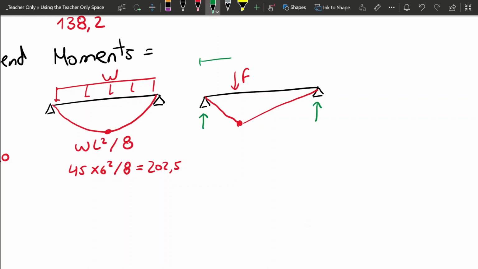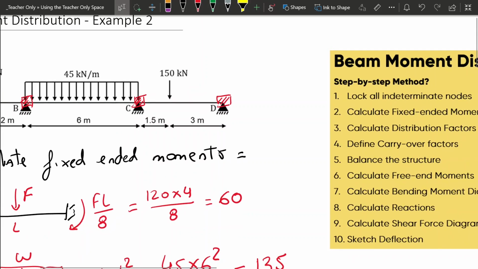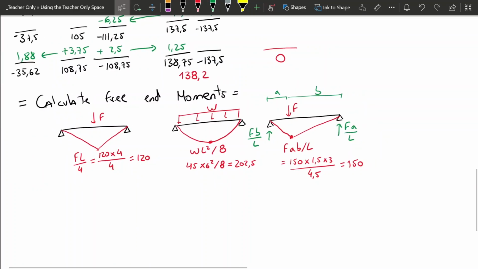And here, remember, we get A and B. The reactions here are FB divided by L, and in this case, FA divided by L. So if you want to know the moment there, we can just do FB divided by L times the distance A. So we get the formula FAB divided by L. In this case, we get 150 times 1.5 times 3 divided by L, which is 4.5. So 150 times 1.5 times 3 divided by 4.5, and in this case this is equal to 150. And this concludes this step.